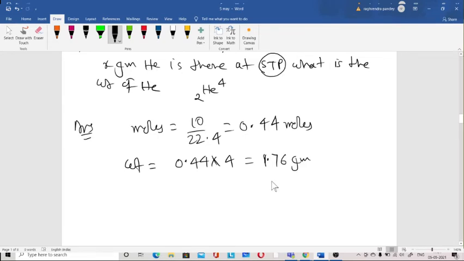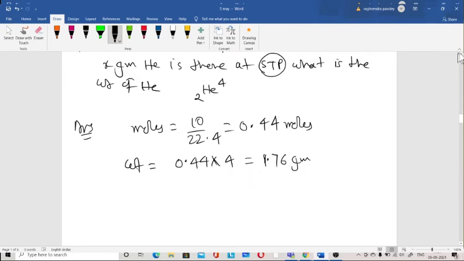Actually, it's 0.439. No problem in that, but try to use this one, because your examination is based on this condition, 22.4 liter, and that consumes less time. Time is important.